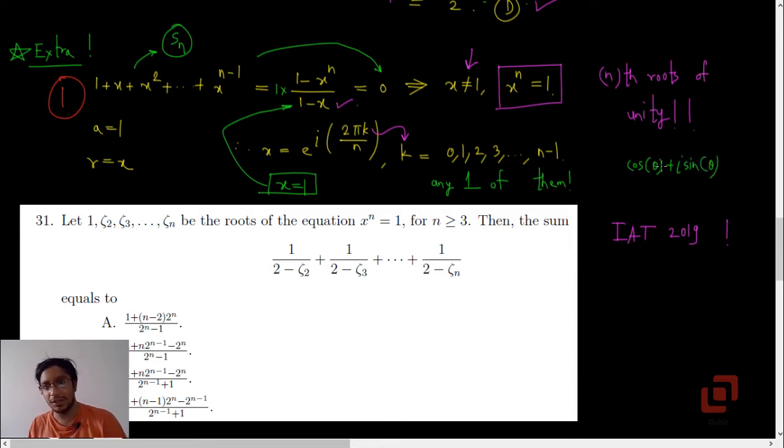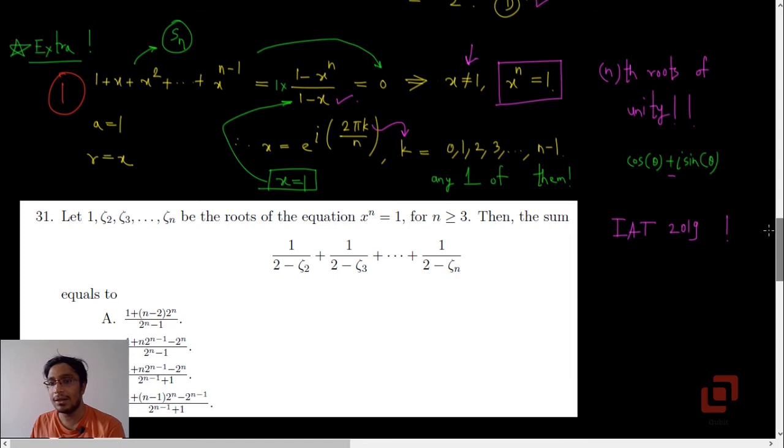So if the original number is cos theta plus i sin theta, its complex conjugate and reciprocal will be cos theta minus i sin theta. So if you just add them, then it will eventually be 2 cos theta. So you can try solving the same problem with the help of this method. And now comes the second thing that I was talking about.